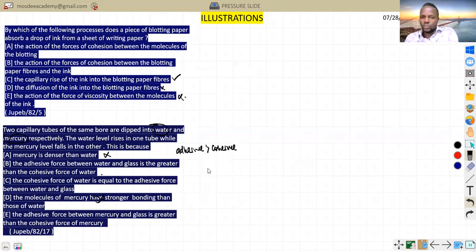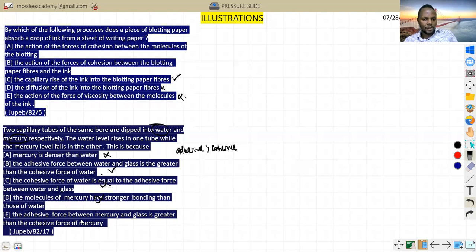That is why water is going up. In the other case, where the fluid goes the other way, it will be the opposite. So the adhesive force between water and glass is greater than the cohesive force of water. This is valid.